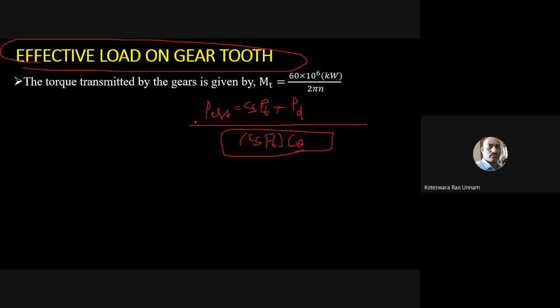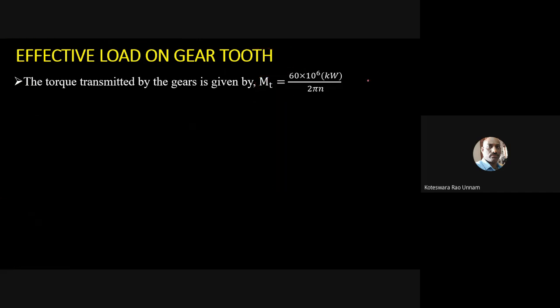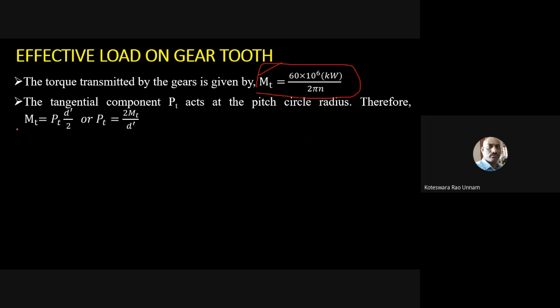So now in both the formulas, I need to calculate PT. That PT is the transverse force, or tangential component of the force on the gear tooth from the torque transmitted. So we know the expression for MT. This is the expression for the torque transmitted. Then you have a relation between MT and PT, that is the transverse force through pitch circle diameter.